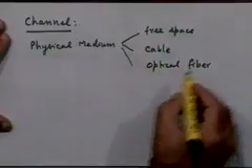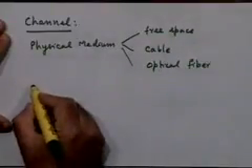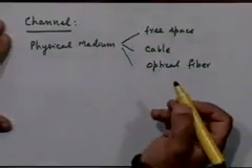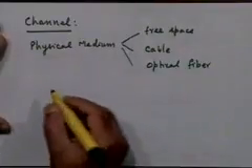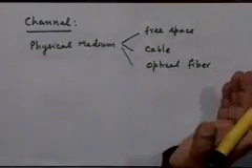Now, one important characteristic of a channel is the bandwidth it can support. The bandwidth will be determined by the band of frequencies over which it can support propagation, right?